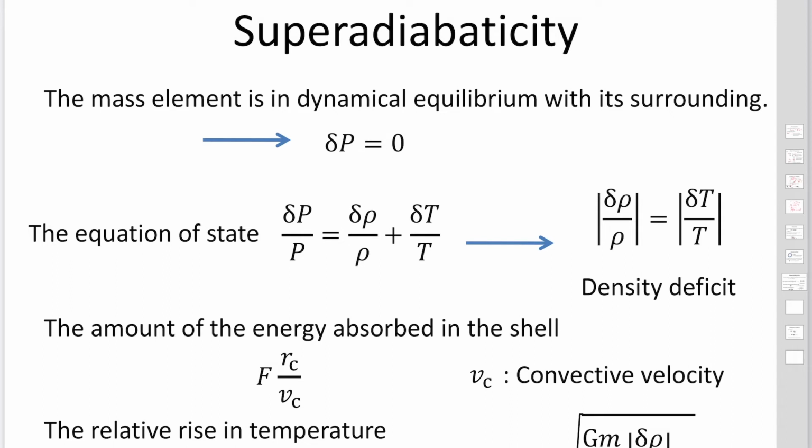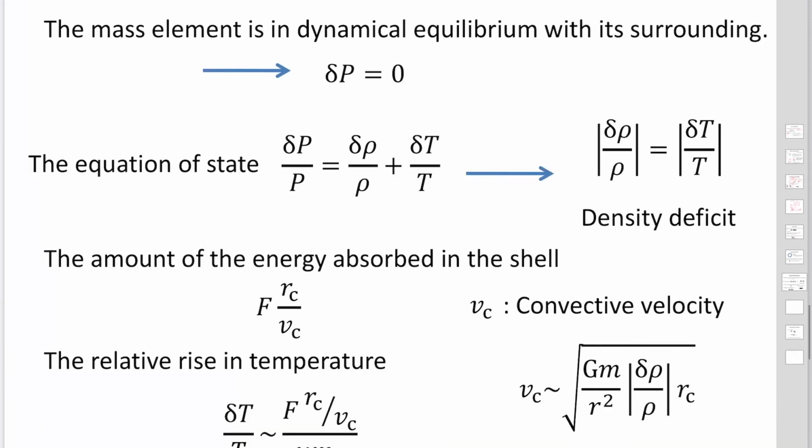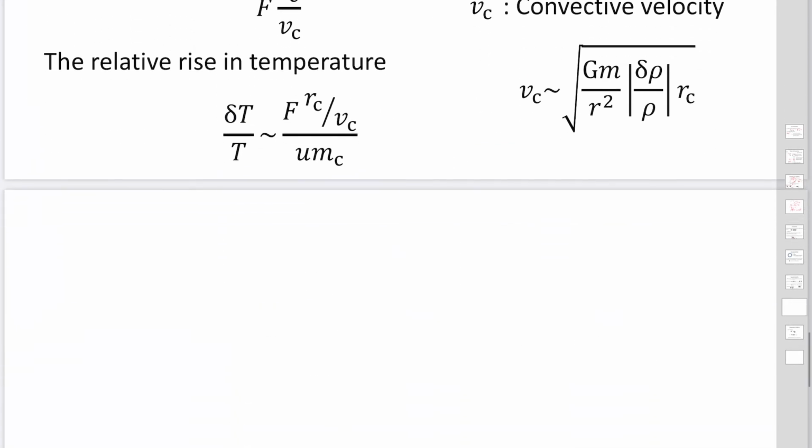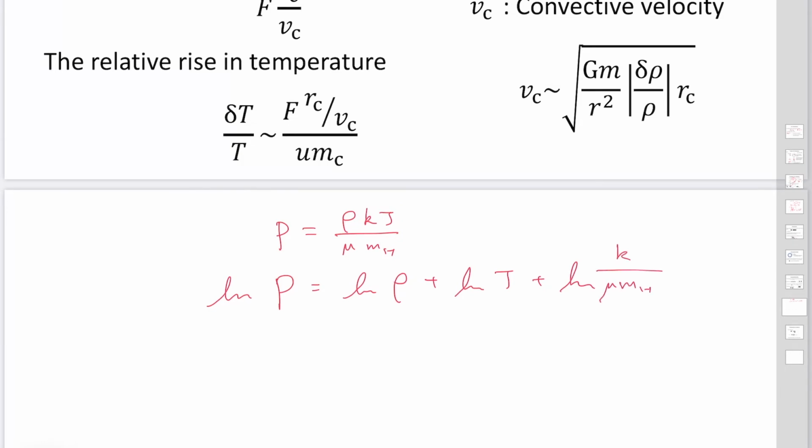Then delta P should be 0. The mass element is in dynamical equilibrium with its surroundings, so delta P is 0. We can consider the equation of state: P equals rho kT over mu m sub H. This means log P equals log rho plus log T plus a constant, log k over mu m_H.